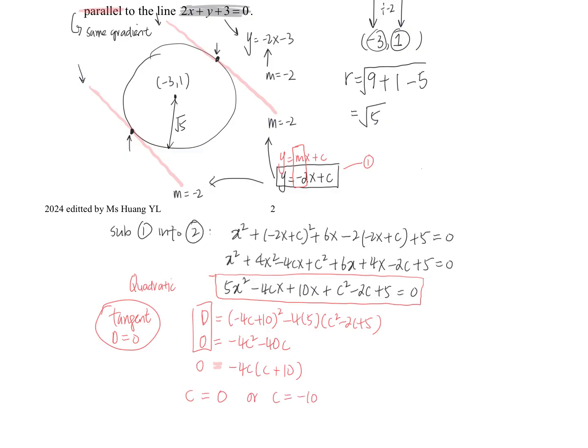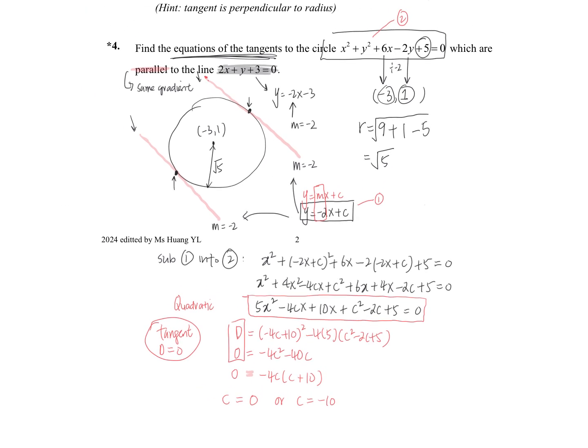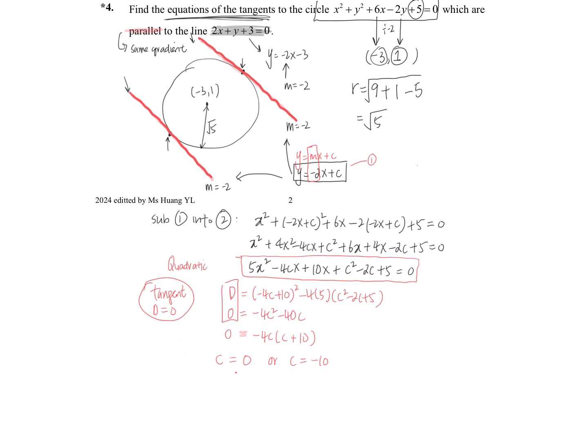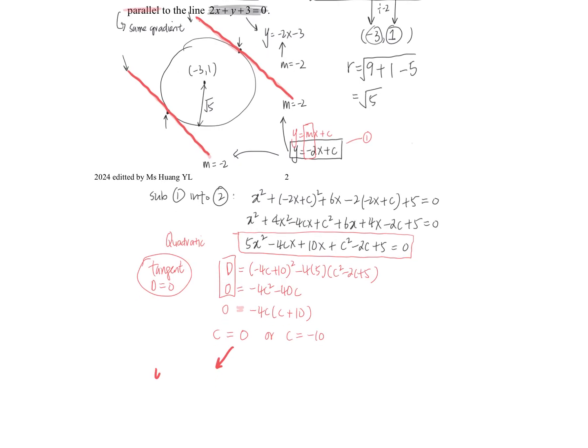Okay, so c can be 0 or c can be minus 10. Why do we do this? Because then I can know what these two equations are. That's my purpose for this question. It's not given. They only tell me it's parallel. They never tell me where it cuts. So this tells me that my equation is y equals mx plus 0.